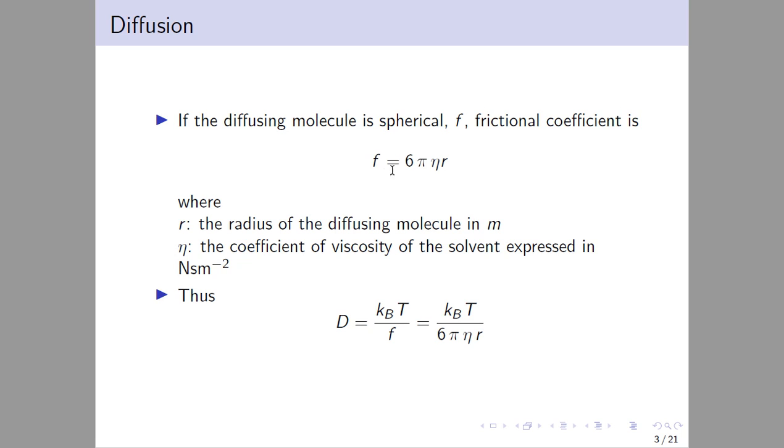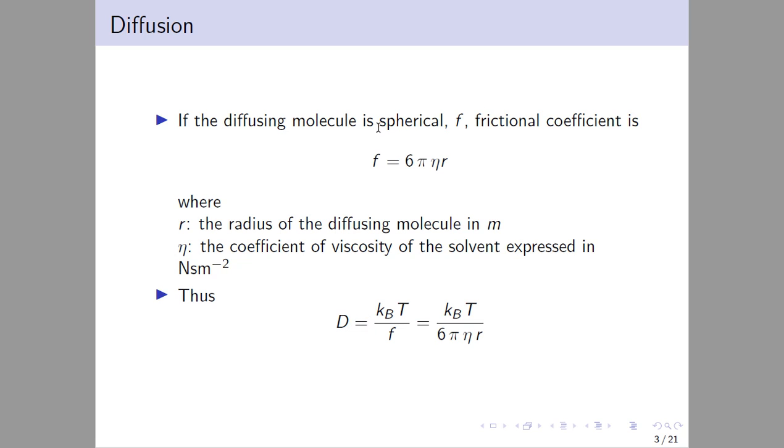Putting this into the previous equation, D equals kBT over 6 pi eta R. For the spherical form, we can calculate the diffusion coefficient using this equation, as we know the viscosity of the solvent, the radius of the molecule, and the temperature.